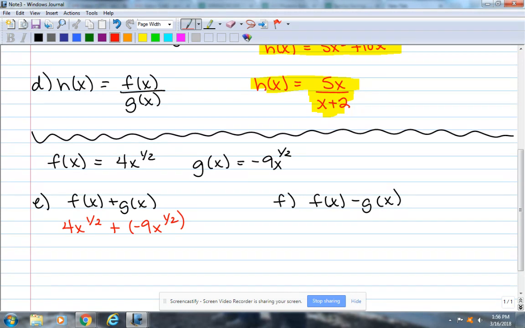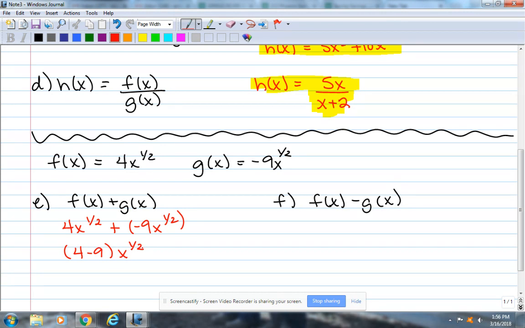So what I would do is I would kind of put the whole numbers together. So 4 plus negative 9 is the same thing as 4 minus 9. Does that make sense? So just take the coefficients and put them together.